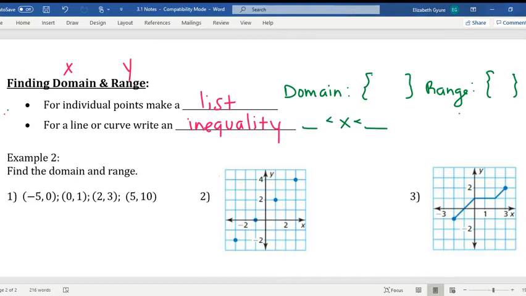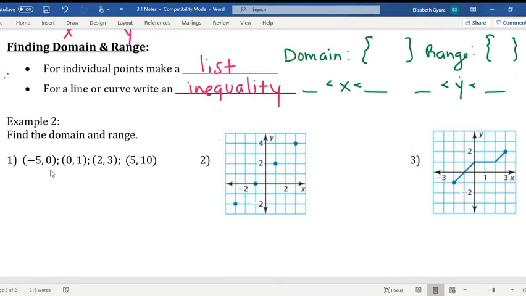You put your lowest number on the left and your highest number on the right. For your Y values, your range, you do the same thing with Y, lowest Y value on the left and highest on the right. It works better if you just try it out. It's kind of confusing to explain. You have to see one.